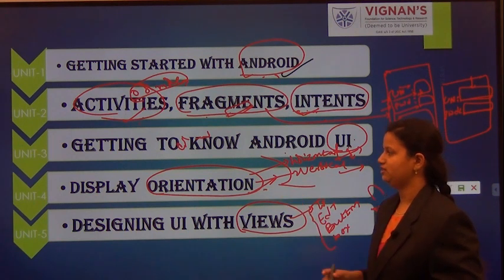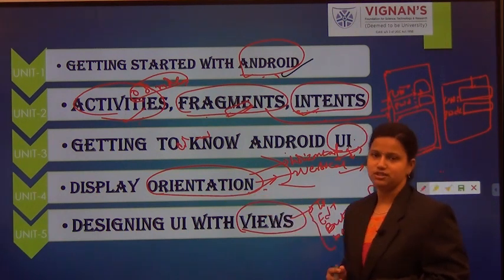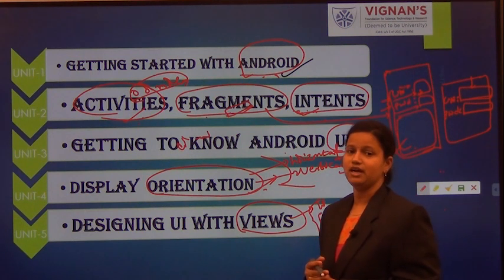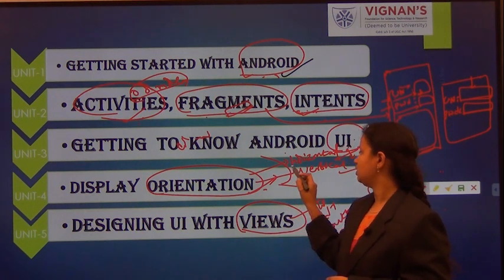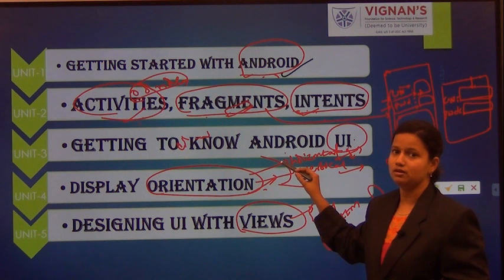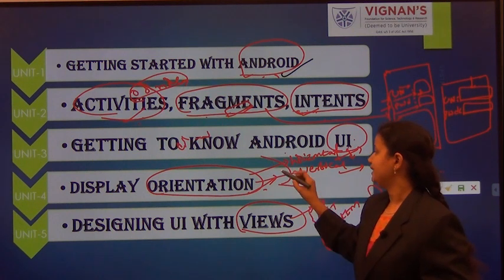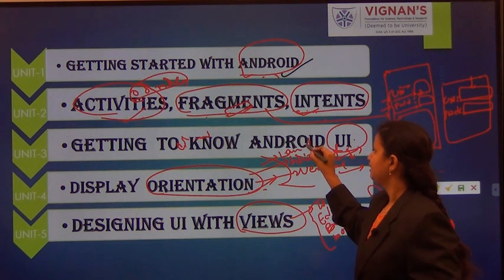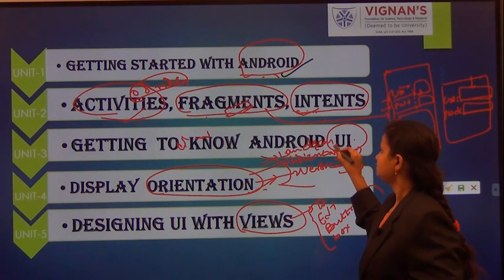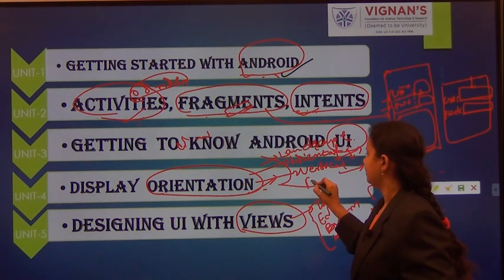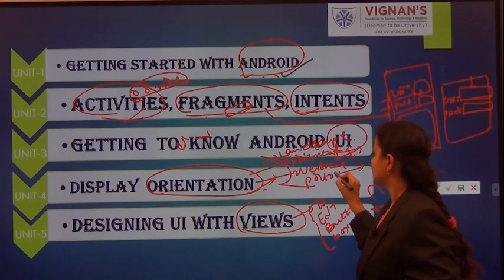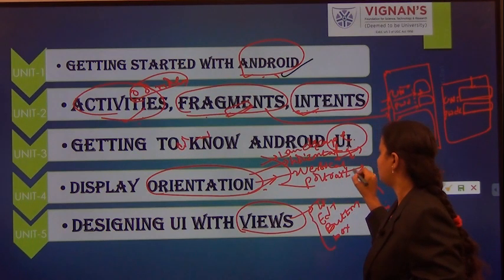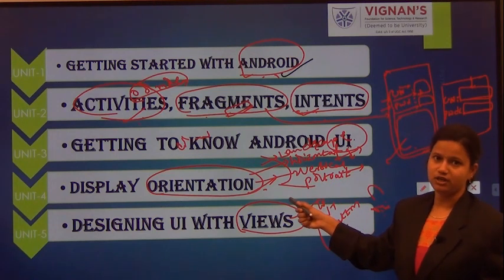And unit 4 is display orientation. So what is the display orientation? We have either horizontal or vertical, also called portrait and landscape mode. Horizontal is called landscape mode and vertical is called portrait mode. So how these two modes are to be available in your applications.